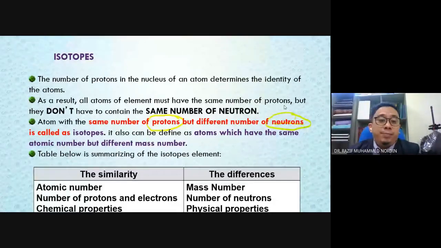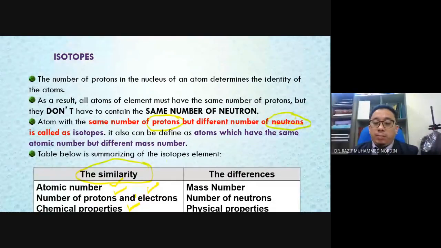I'm used to it. So atoms with the same number of protons but different numbers of neutrons, we call isotopes. It can also be defined as atoms that have the same atomic number but different mass number. So the similarity and difference between isotopes: the similarity is the atomic number, proton number, electrons, and chemical properties.